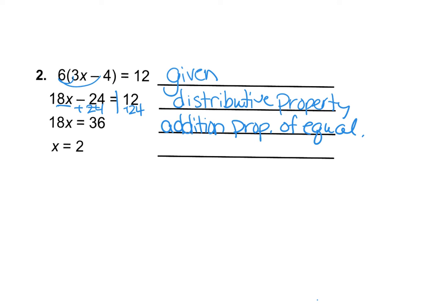All right, and then that last step then, now to get to the next, we divided by 18 on both sides. So to get to that x is equal to 2, the division property of equality was applied.